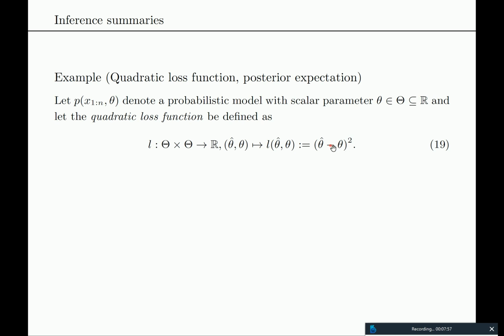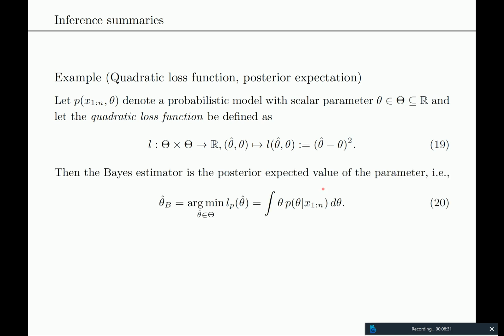So if you are estimating the true but unknown parameter value completely correctly, then you have zero loss. But the more you deviate from the true but unknown parameter value, you punish your loss more and more. So that would be a quadratic loss function. You can have other loss functions. One of them we will see on the next slide. Another one we will see in the Übung.